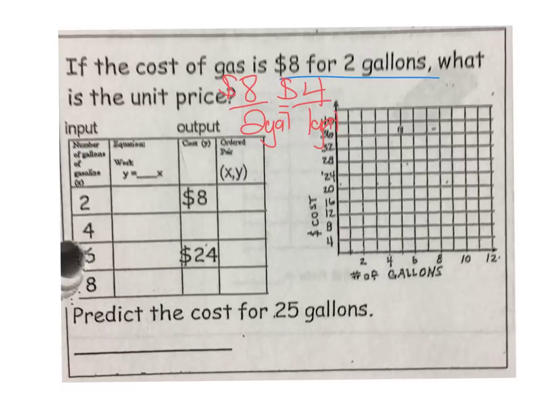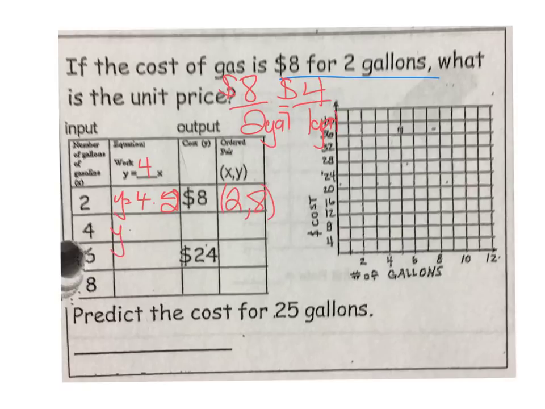So our equation is Y equals unit rate X. So our unit rate for 1 gallon is $4. For 2 gallons, they said it was 8. So Y equals 4 times 2, because we're doing it for 2. So that equals 8, and our ordered pair is going to be (2, 8).